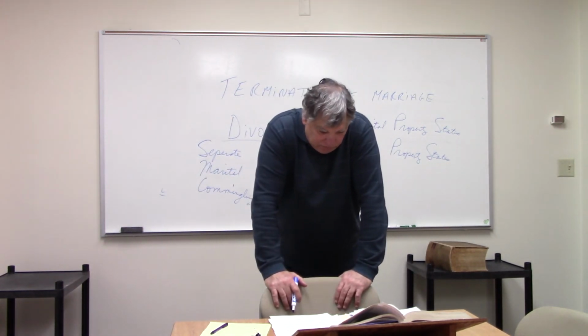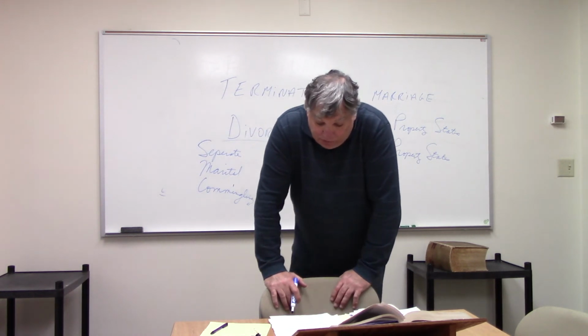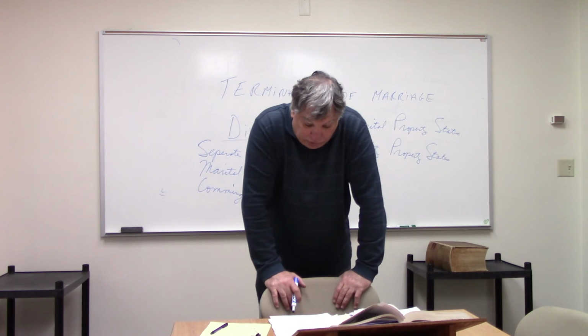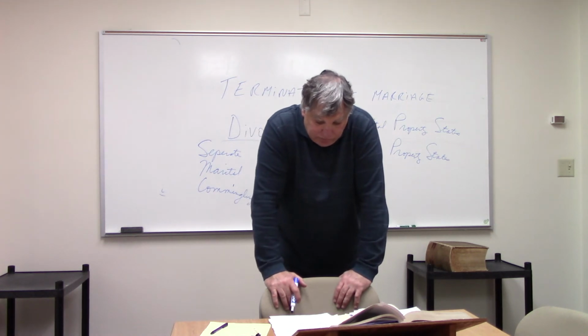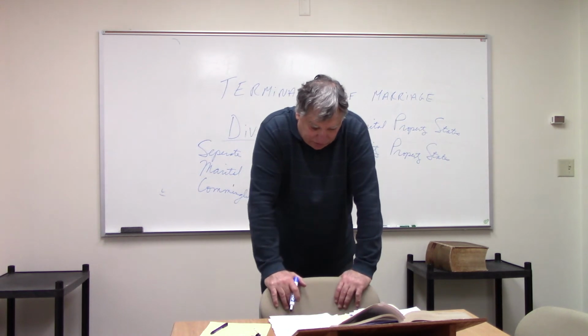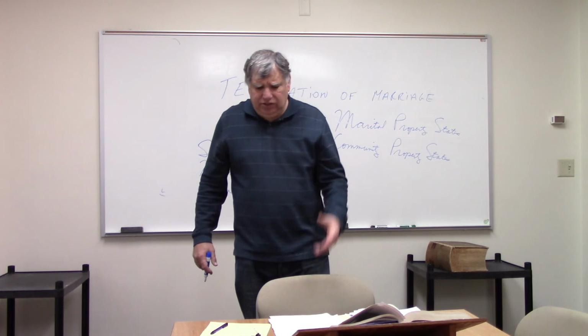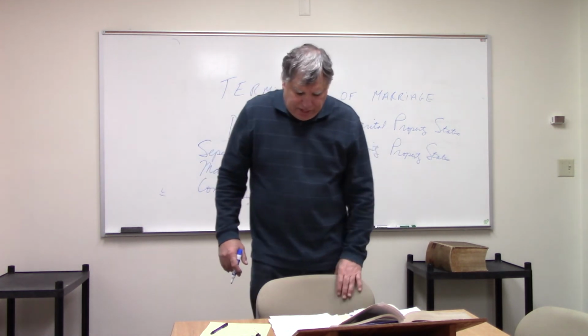Now, like property division, couples can arrive at a mutual agreement of how they're going to deal with alimony and avoid court decisions. But the court must then approve it. And again, as long as it's entered into freely and voluntarily, that's usually not a problem.